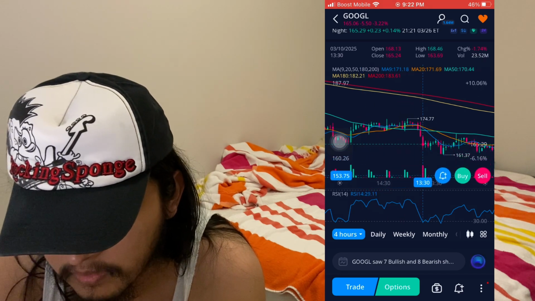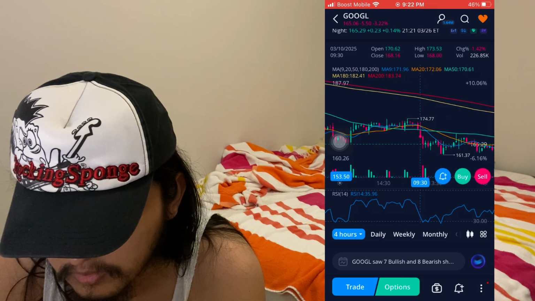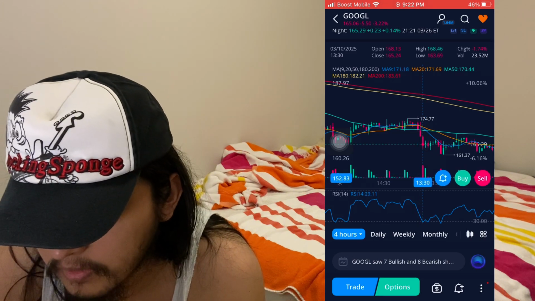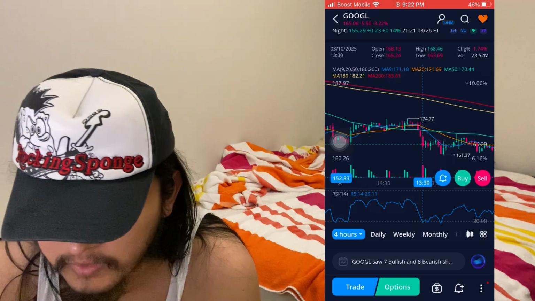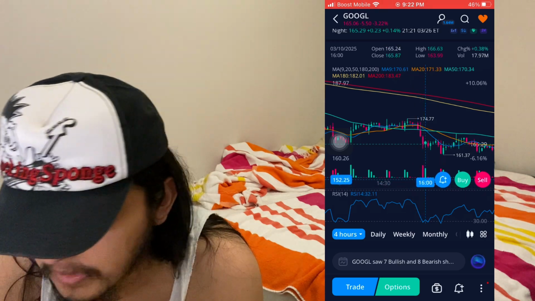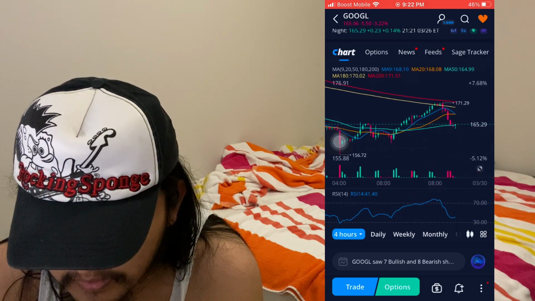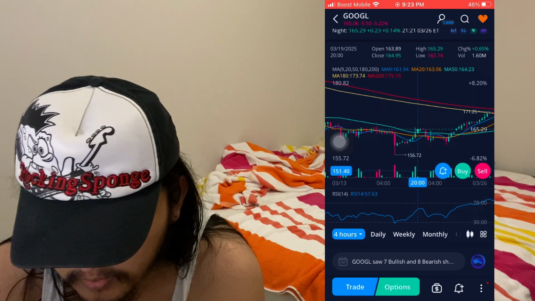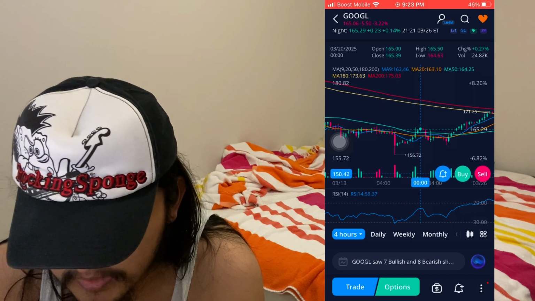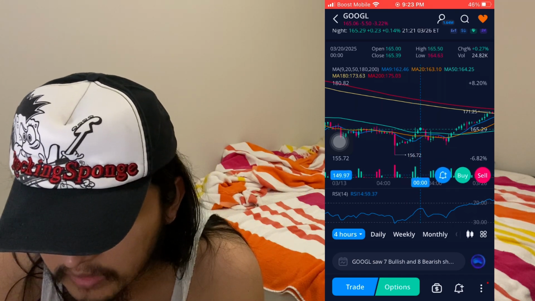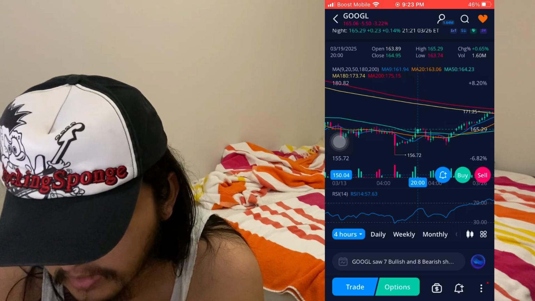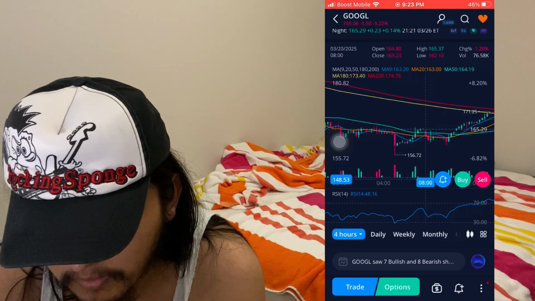Because look, Google just couldn't hold being above the 50-day moving average and got rejected by it, so Google decided to go down. And then you can see here where I bought Google, it got rejected by the 50-day moving average and slightly went down the next following day.